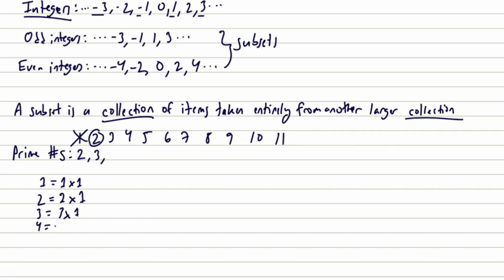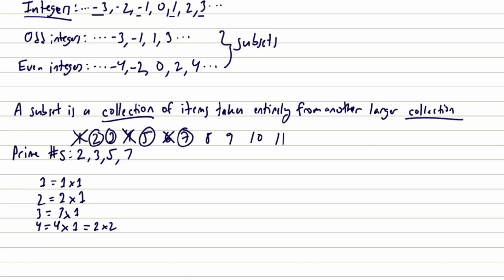4 is equal to 4 times 1, but also you can do 2 times 2. So 4 is not included. And so on. You can keep going. 5 is included. 5 times 1. 6 is not. Because you have 6 times 1, but you also have 3 times 2. That's too many. You can do 7 times 1. That's the only way to get it.